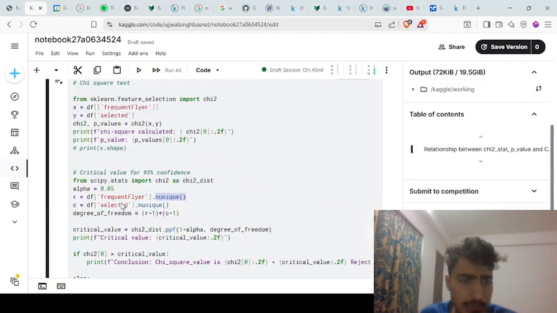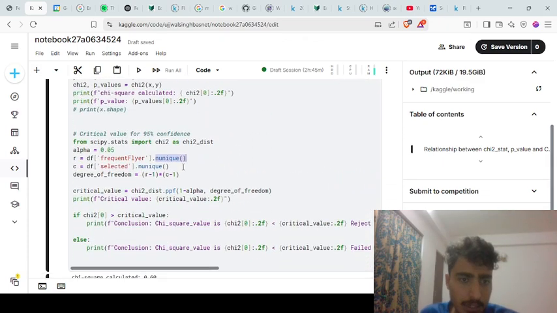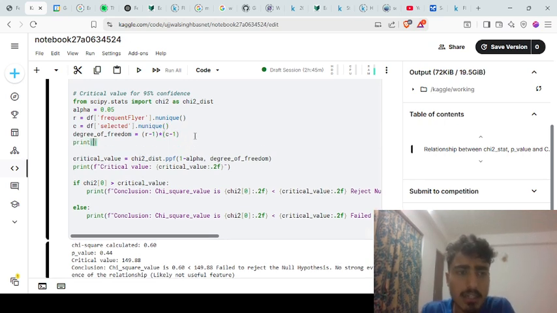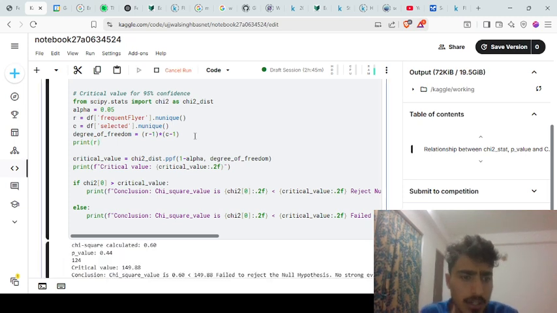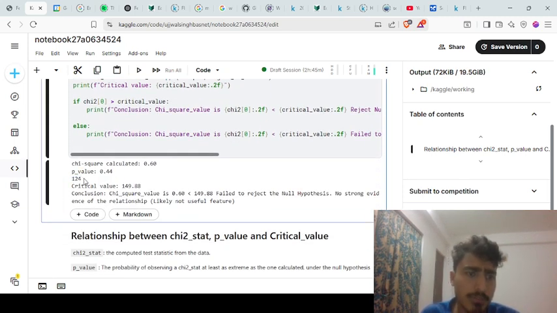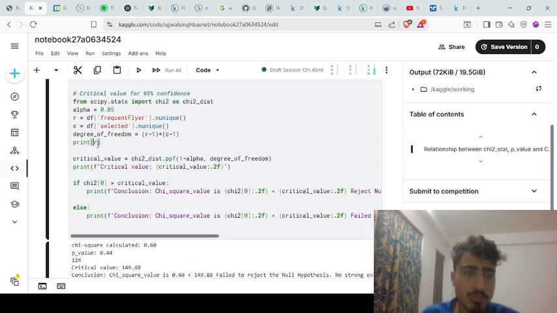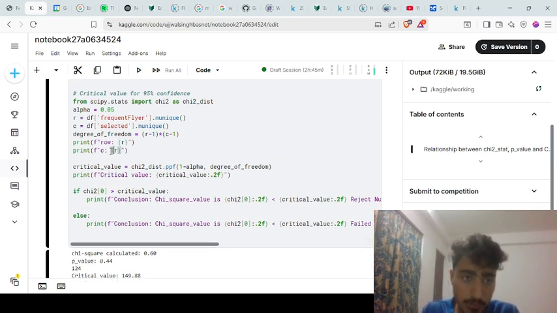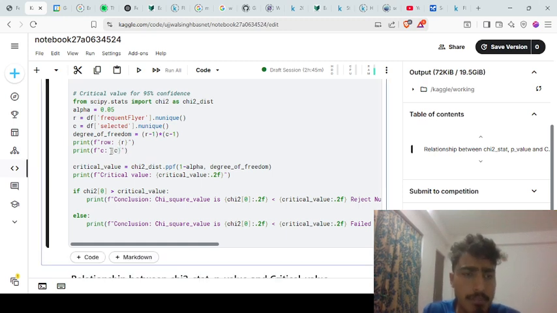Let's print it out. Here R is 124. It's quite confusing, so let's check the columns also.